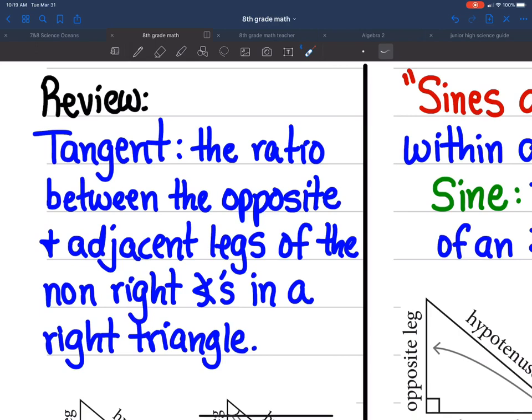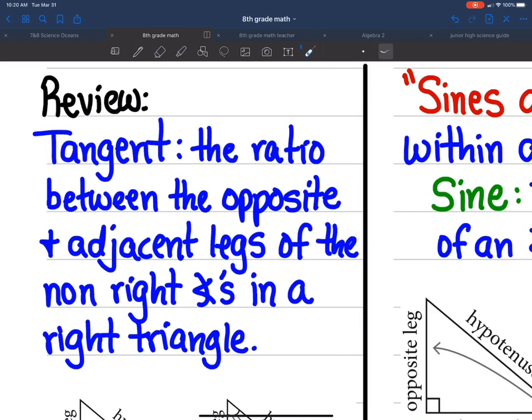Anyway, last week we were talking about looking at ratios within right triangles, right? And we said that a right triangle is a triangle that has a what? A right angle. Good job. You guys are smart.